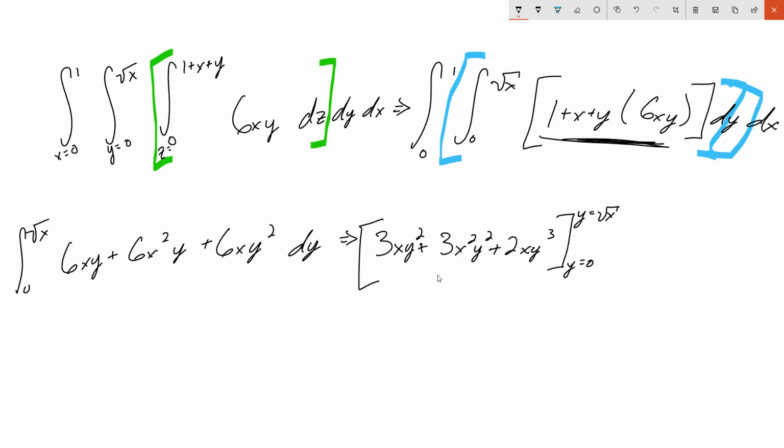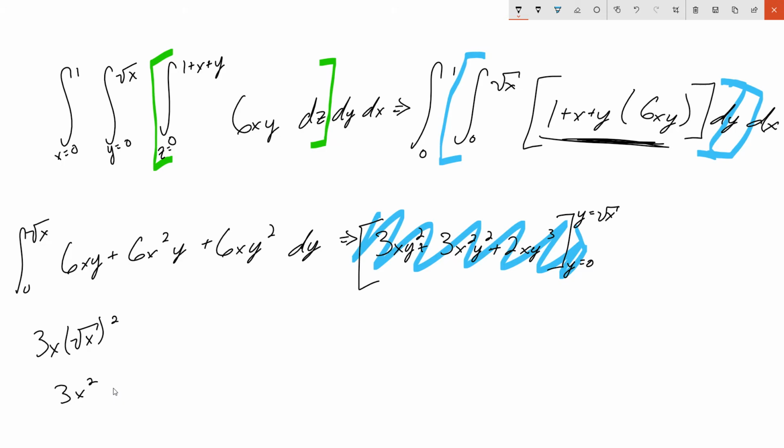Okay, easy enough. Just like before, we're evaluating on zero bounds for one of them, so we can just multiply root x in for any y that we see, and that will be the evaluated version of this integral. So what we're going to have is 3x, that'll be root x squared, which I'll simplify down below as we go.